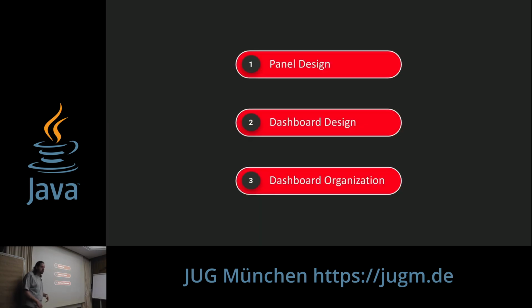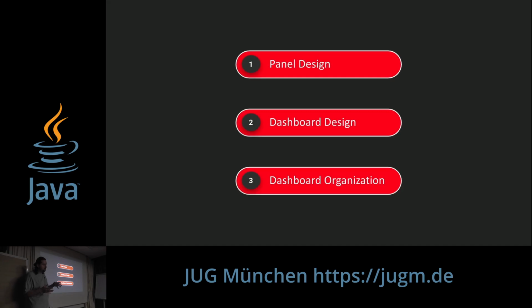The entire design process consists of three main parts. The Grafana dashboard design is also applicable to any other monitoring system, but all the examples you will see here today will be based on Grafana. First part is the panel design, the way you communicate one single unit of information.